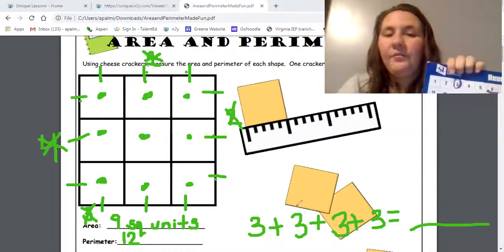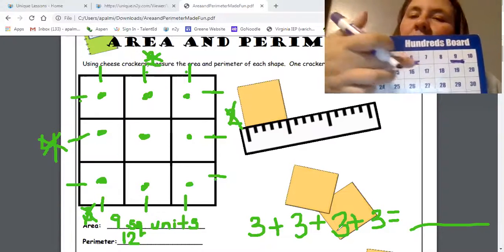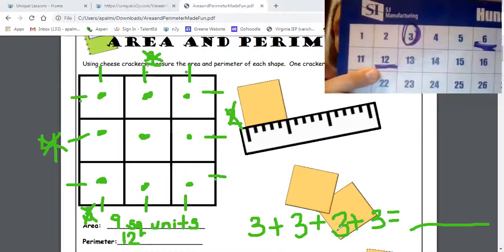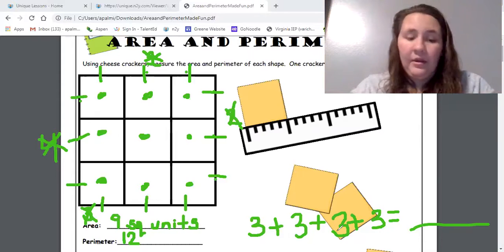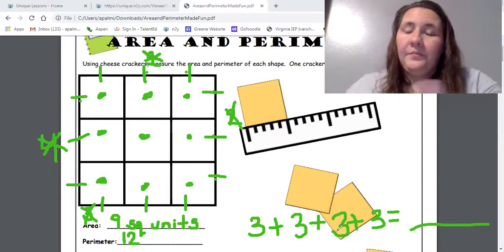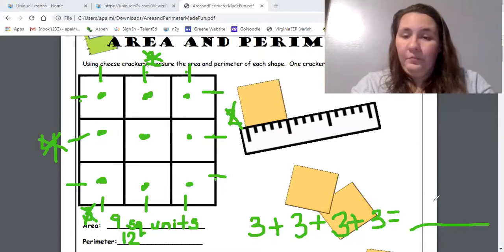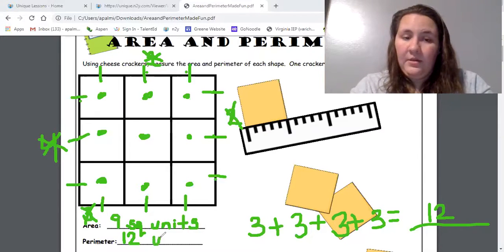And I know I have 4 sides on this shape, so let me make sure I have 4 spots on my 100 chart. 1, 2, 3, and 4. I do. So what was my answer? Yeah, 12, right? I got the same answer when I counted around, right? So the answer is 12, and instead of square units, we just write units. 12 units.